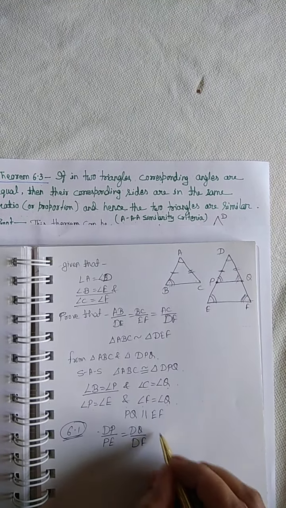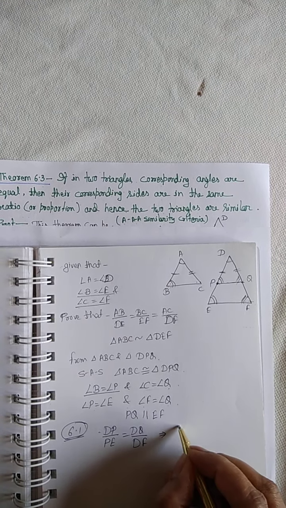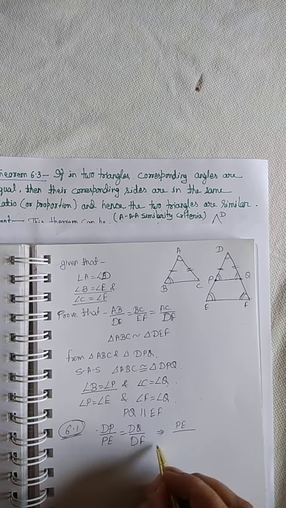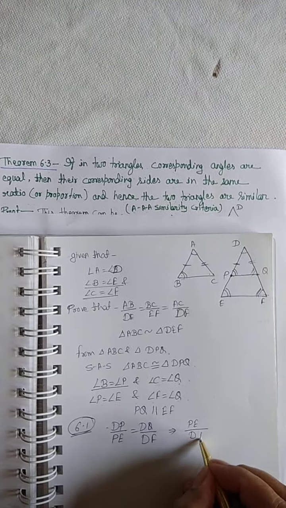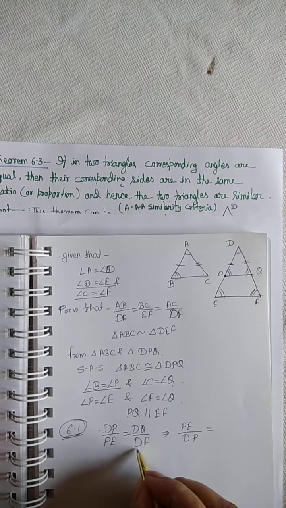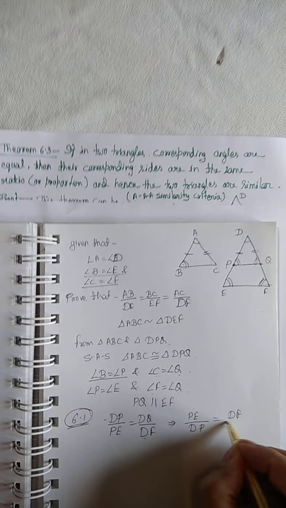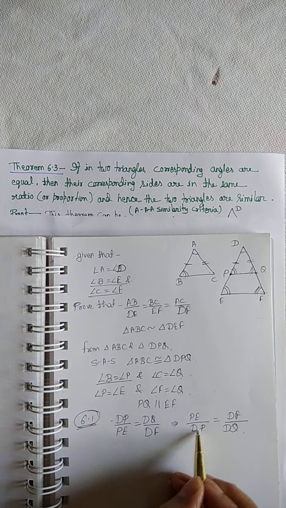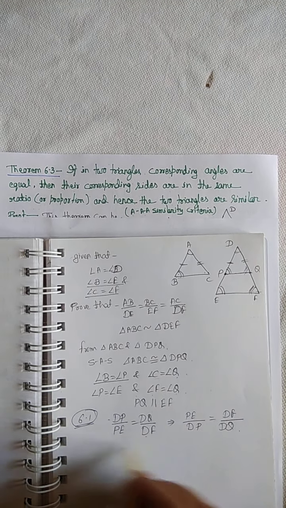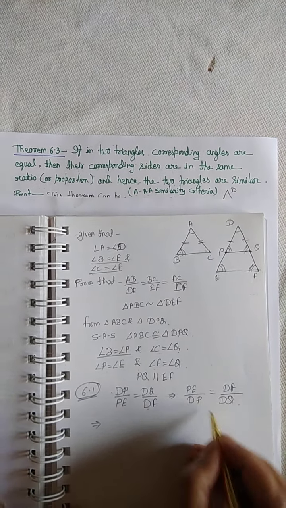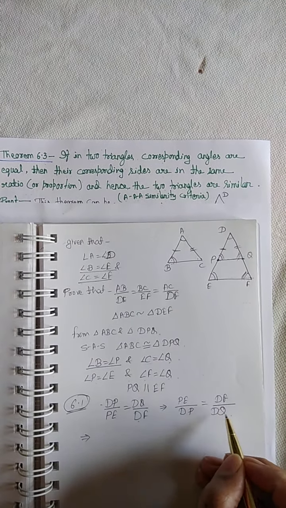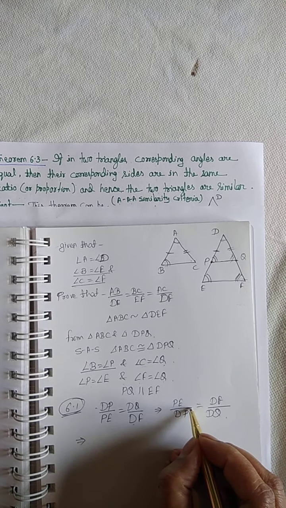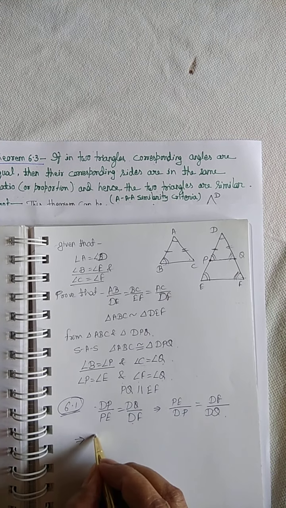Now we can also write this as PE by DP equals QF by DQ. Numerator is here and denominator is here, so we just make it opposite. Now we will add plus 1 on both sides.